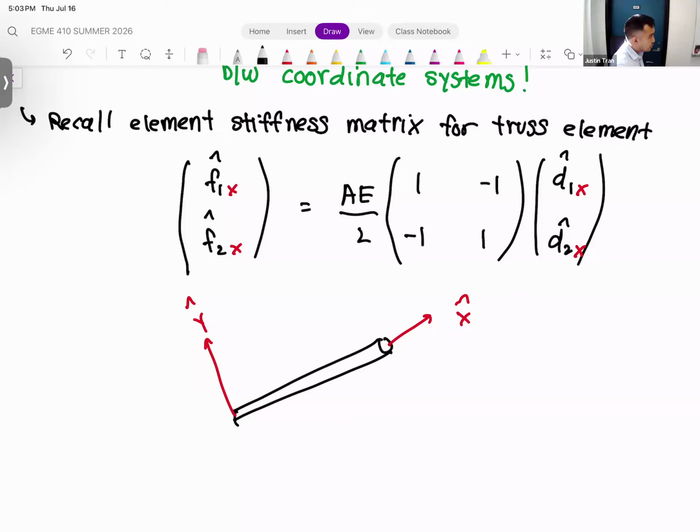So the next thing we're going to do, and this step comes out of left field, is that we need to expand these vectors and these matrices to include that local y direction.